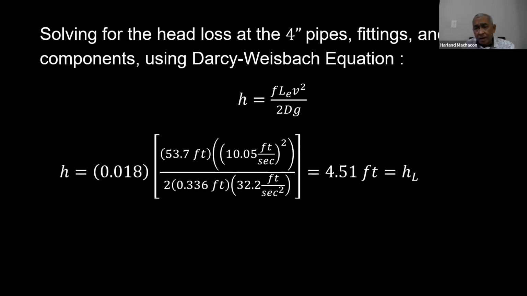We can shorten our calculations, although what I am doing right now is solving it the way it should be. But a shorter way of doing it, with only very minimal error, is this value 0.018, as you have determined from the Moody diagram. We have already determined for the 2.5-inch pipe that our Moody friction factor is 0.021.